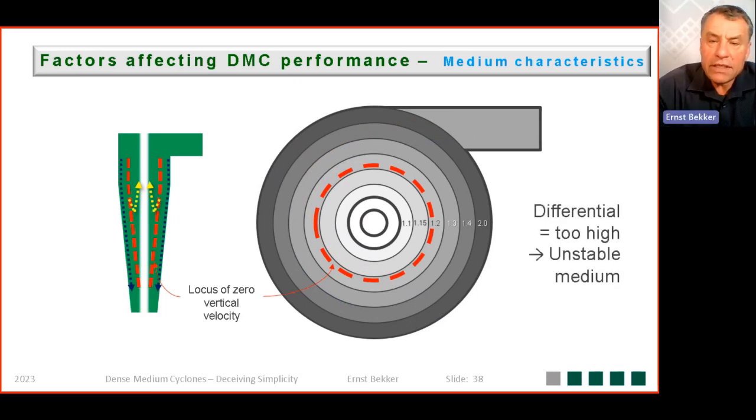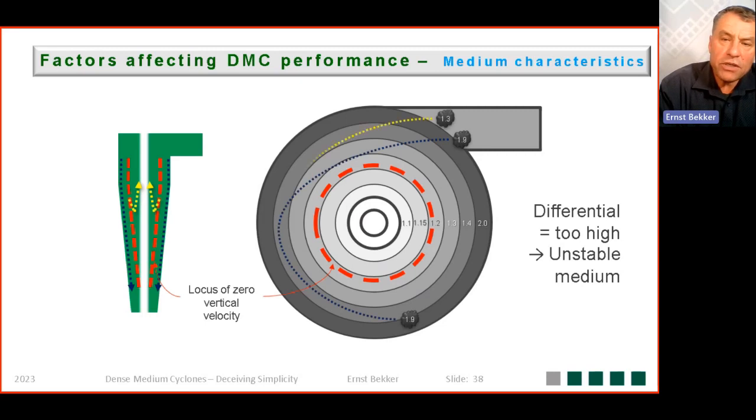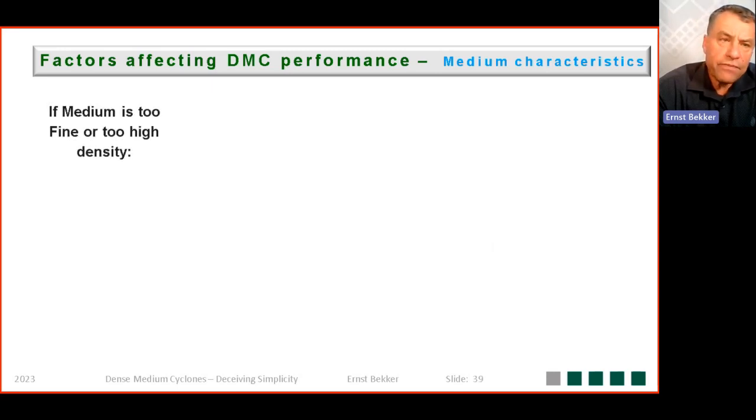When the medium is unstable, you will see the density profiles have changed on these circular areas. Now we have the same high density particle reporting to the outside, but the lower density particle is also reporting to the outside of the locus of zero vertical velocity radius, and it reports to the underflow. This is just an illustration of the impact that an unstable medium will have.